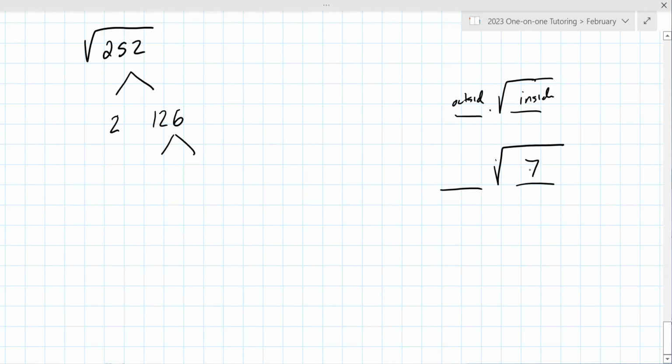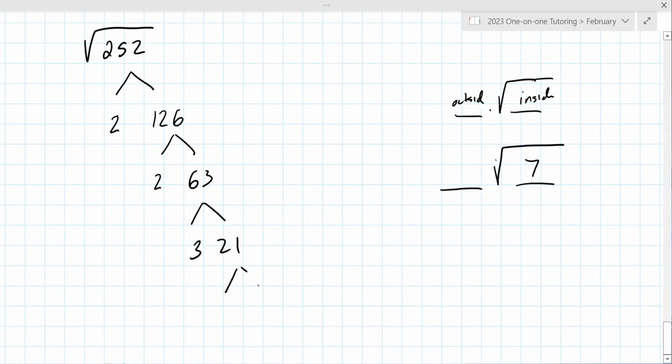Okay. All right, let's work this out together. What is 126 divided by 2? 63. Do you see that you have a pair of twos already? So that means you're going to bring a 2 out. 63 divided by 3 is 21.